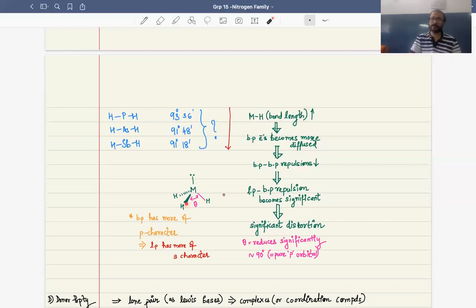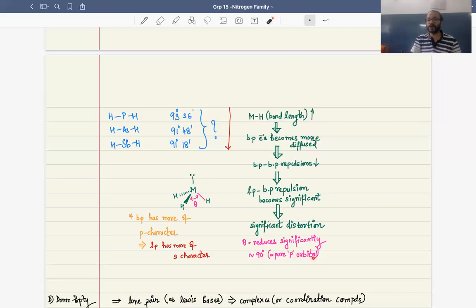As a result, a significant reduction in the bond angle happens, and you get a bond angle somewhere close to 90 degrees.